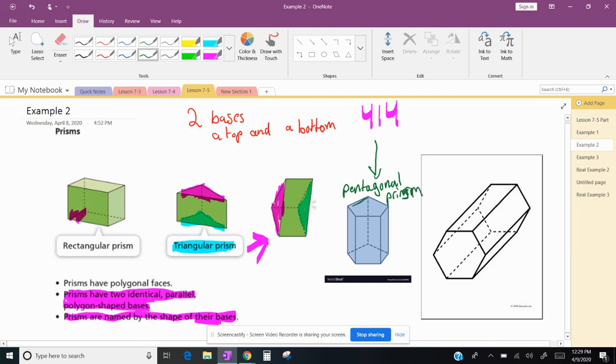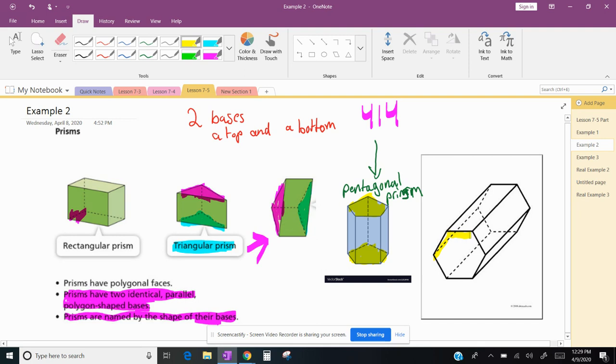It has a top, right there. That's a pentagon. And it has a bottom. That's a pentagon. And even if you turn it sideways, it still counts as a pentagonal prism. Over here, even though the top and bottom aren't really on the top and bottom, they have those 2 unique sides.